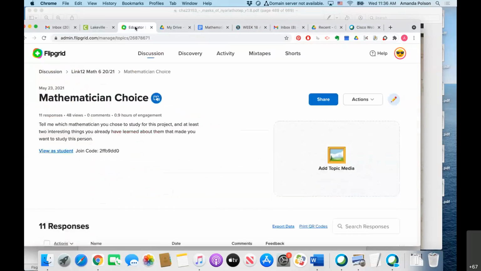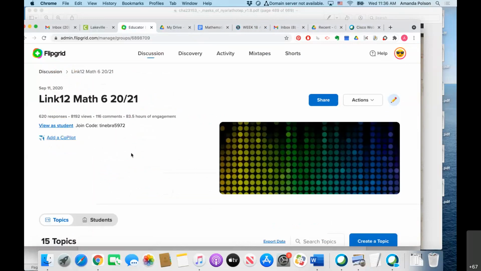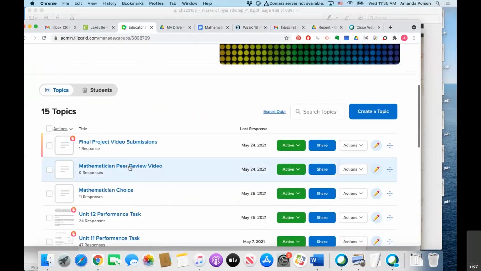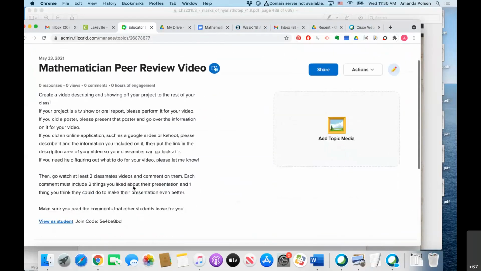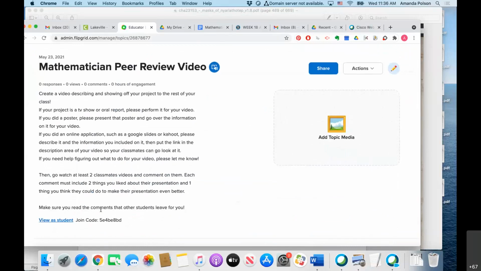For the peer review Flipgrid, you are going to create a video describing and showing off your project. If you make a poster, a presentation, or slides, you're going to go through it and describe it for your classmates and show it off. If you're doing a TV show or an oral report, you could just perform it once.